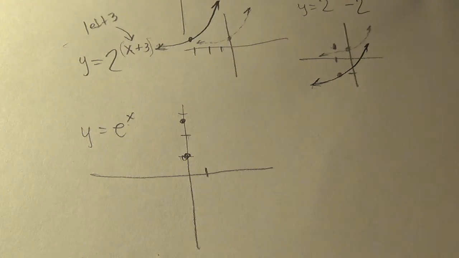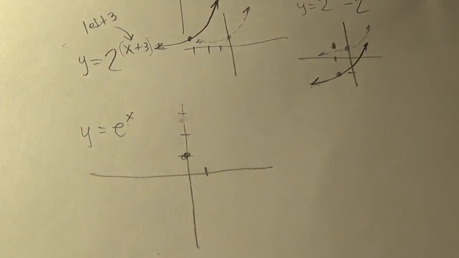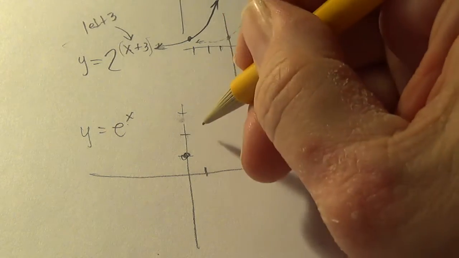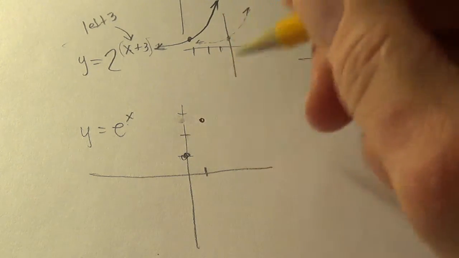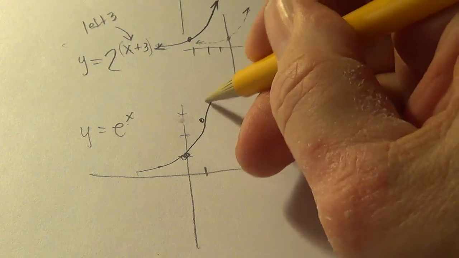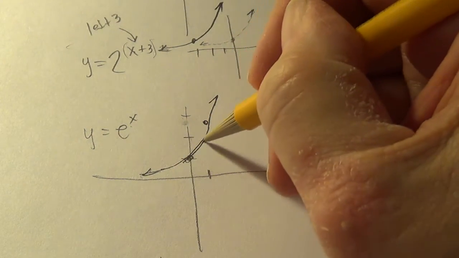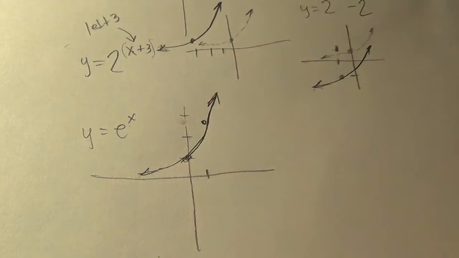So, oops, not on the y-axis. So we're going to go over 1 and up that much. So here's y equals e to the x. Alright. It's supposed to be a little smoother than that.